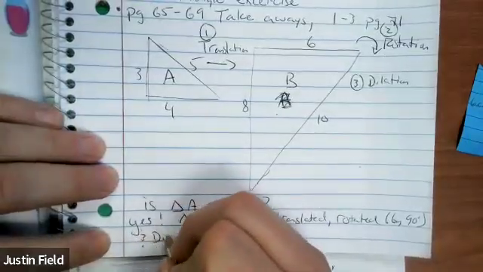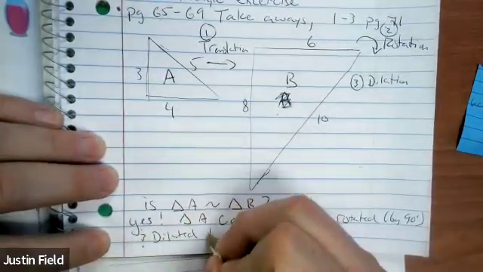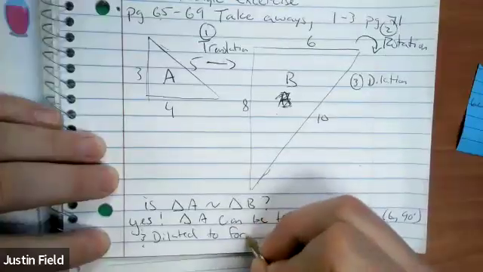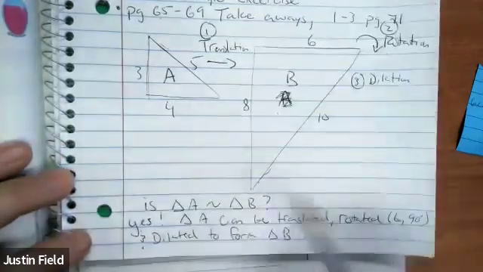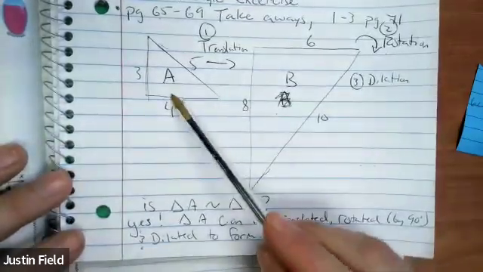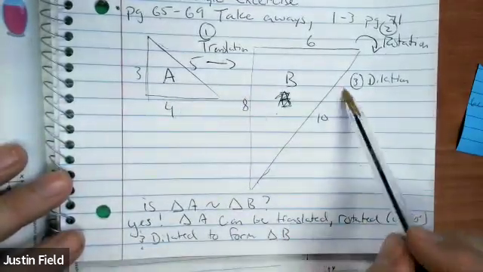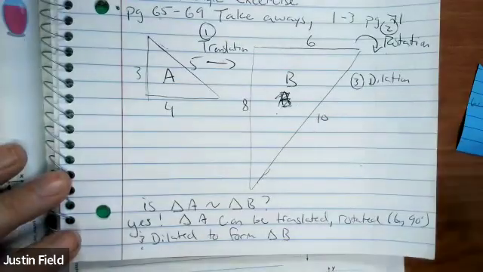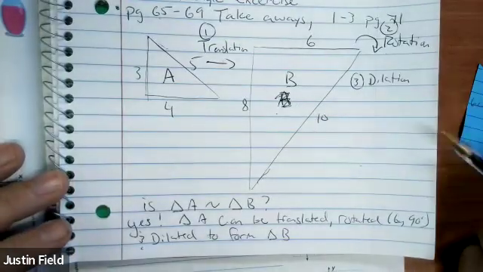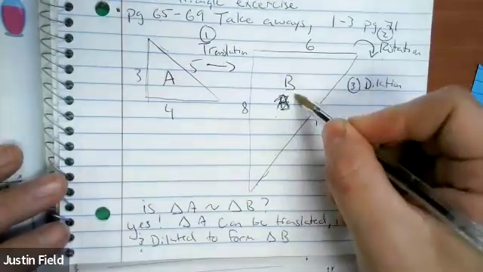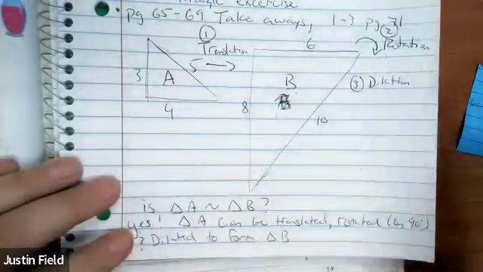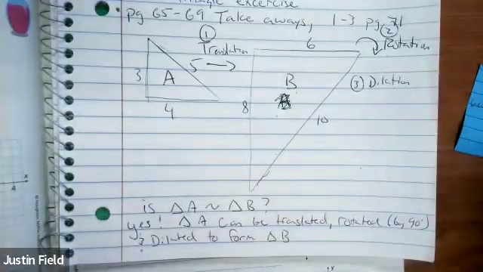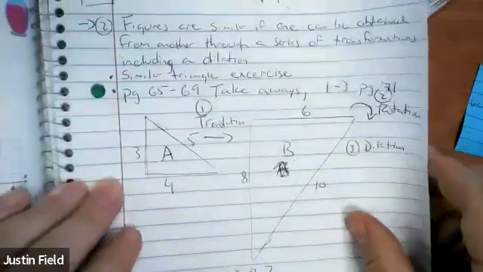And dilated to form triangle B, okay? So I literally translated triangle A, rotated it, and then multiplied it by 2 and ended up with triangle B. So these two triangles are similar. They're the same shape, but different sizes.